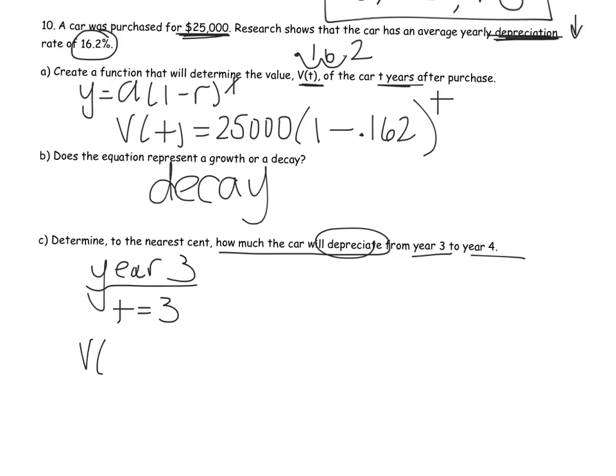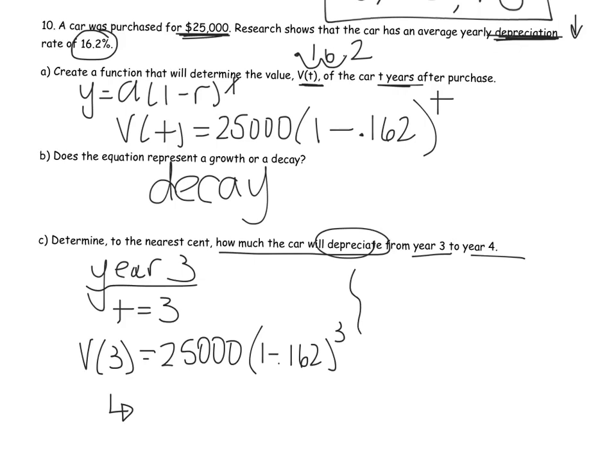So v of 3 is going to be equal to 25,000 times 1 minus 0.162 to the third power. We're going to find that out to the nearest cent. All right, then we're going to find year 4.